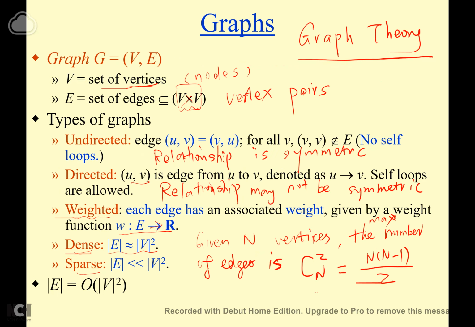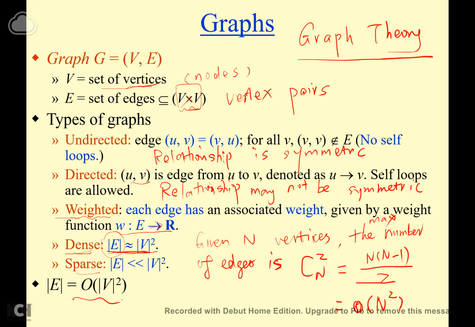So this is O(n squared). You remember? So a graph is dense when the number of edges is close to O(n squared). If it's sparse, the number is very small.